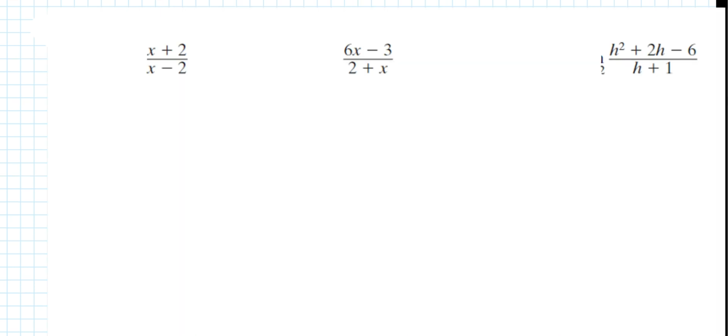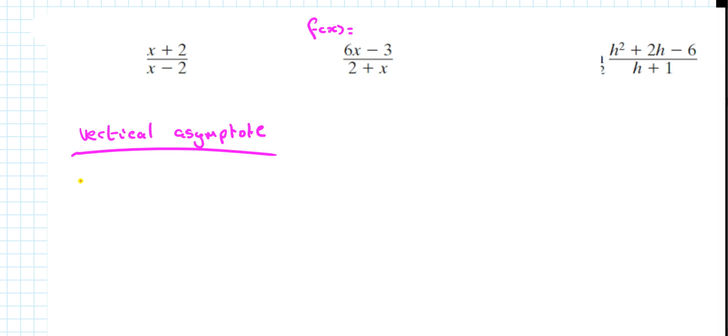So if I were to take this function here, f of x is equal to 6x minus 3 over x plus 2, or 2 plus x, and I want to find the vertical asymptote, I take the bottom line and set it equal to 0.